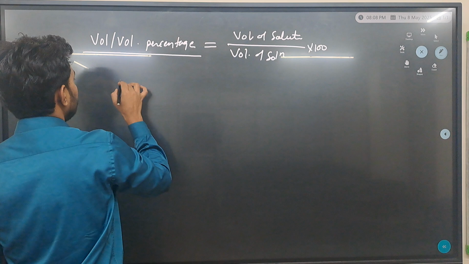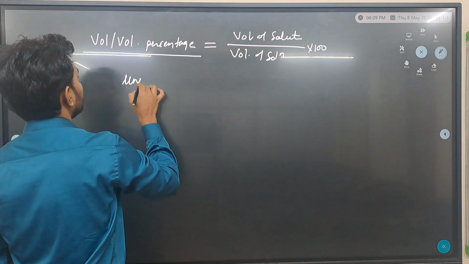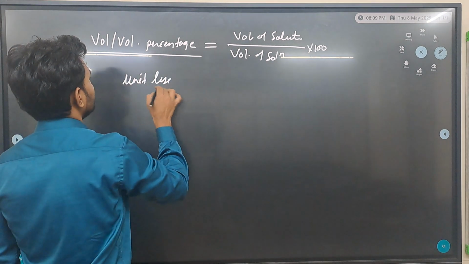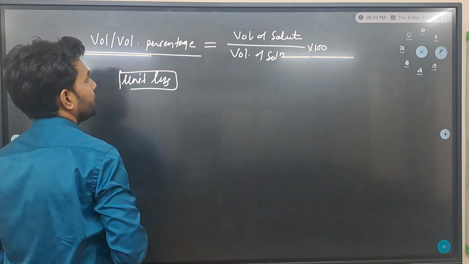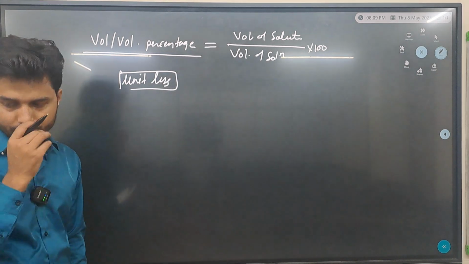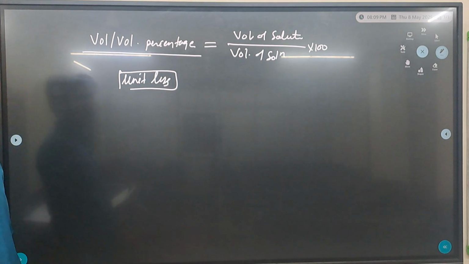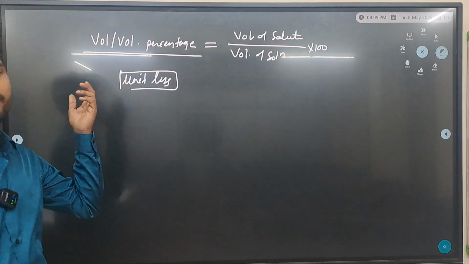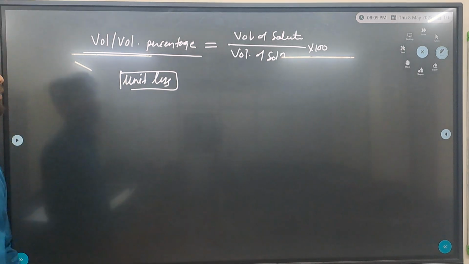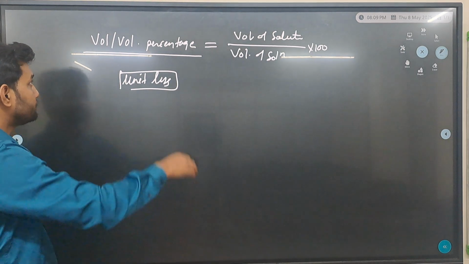Okay, it will also be unitless. Clear? Everyone knows about mass by mass percentage, mass by volume percentage, and volume by volume percentage.